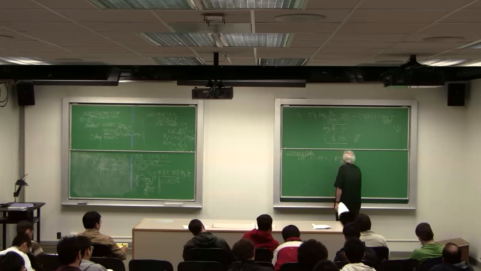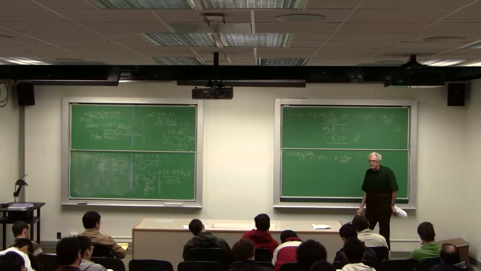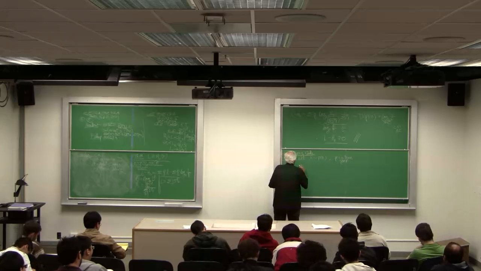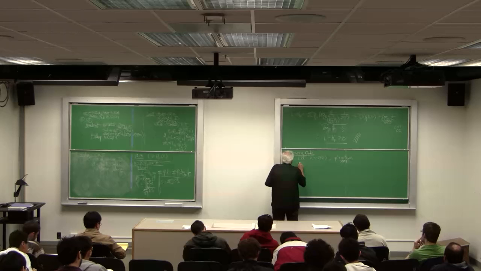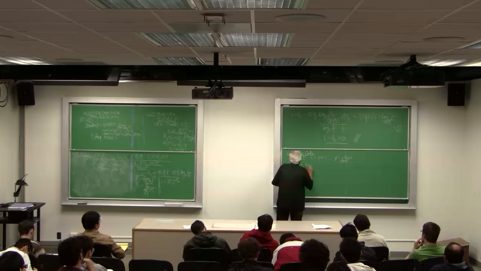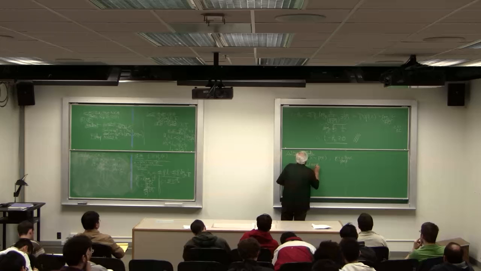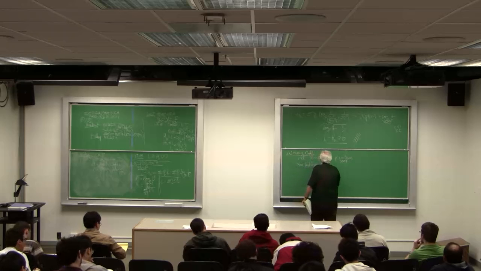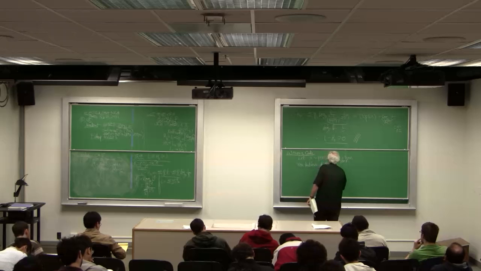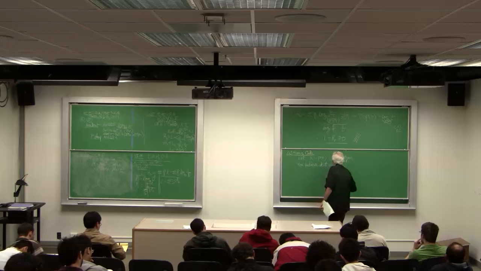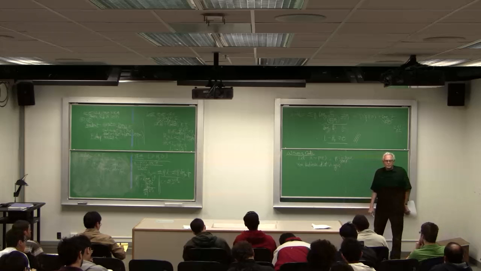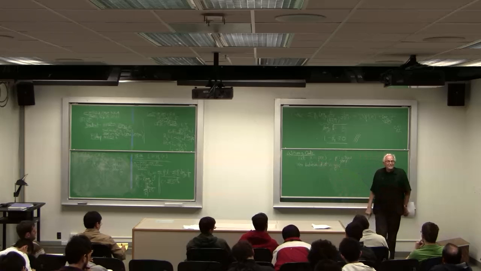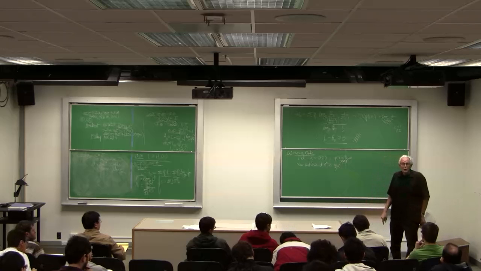It's the true probability mass function. You believe the distribution is q of x. In fact, you design your code as if q of x is true.